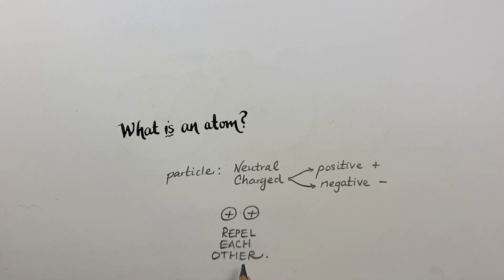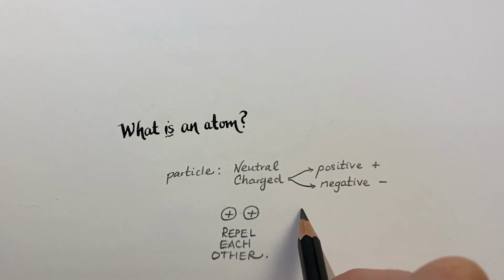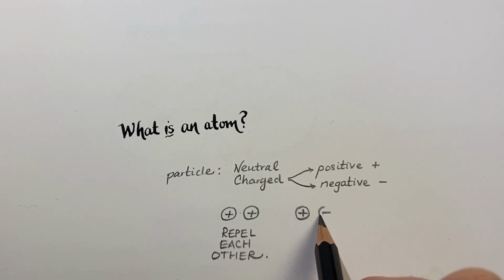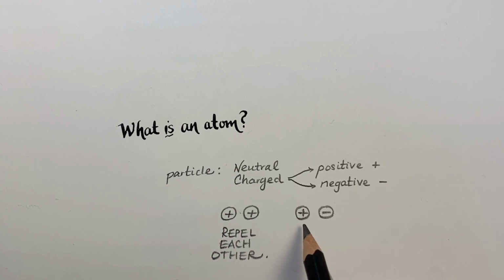If you have two magnets where you have the two positive ends close to each other, they'll push away from each other. So those are magnetic forces. We're talking about electronic forces, but it's a similar kind of idea. Okay, but if you put two particles next to each other that have opposing charges, positive and negative, they attract.